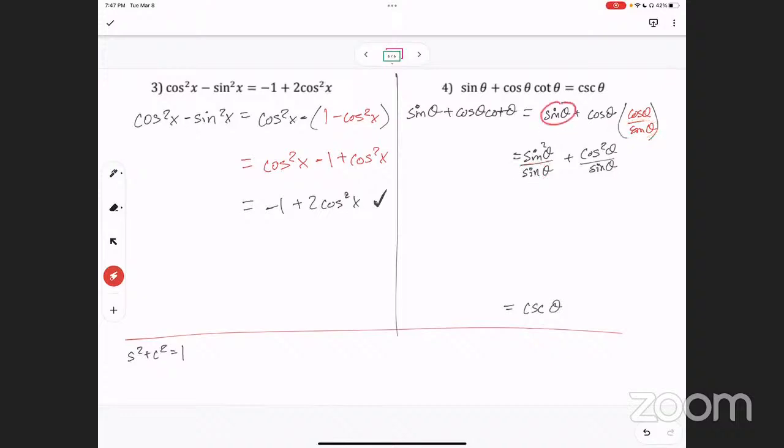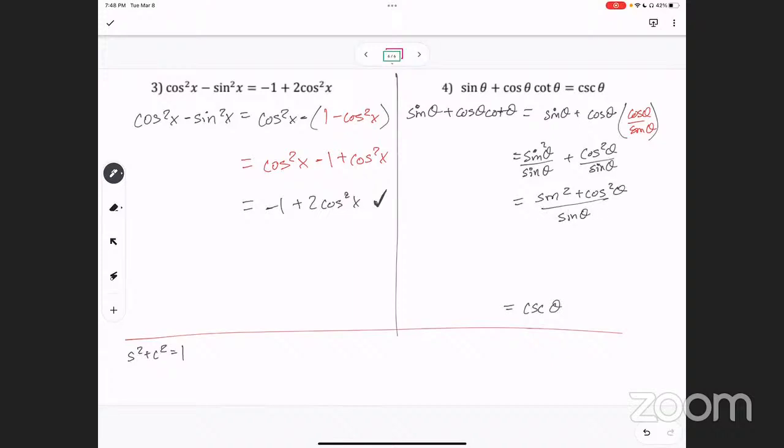So I multiplied this by sine on the top and the bottom. I'm just doing 2 steps in one, and you're allowed to do that. That equals sine squared plus cosine squared all over sine.